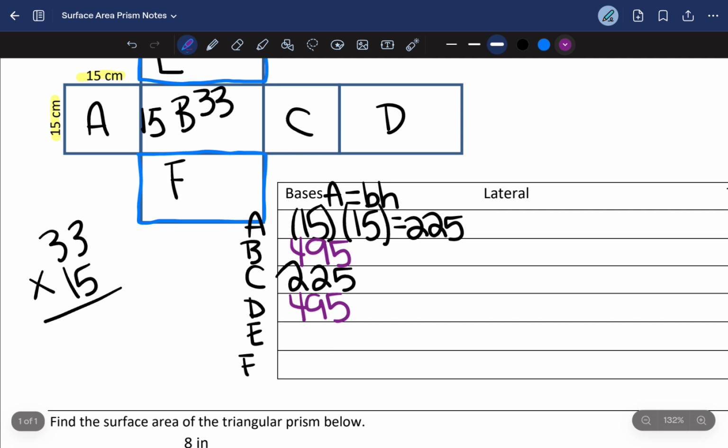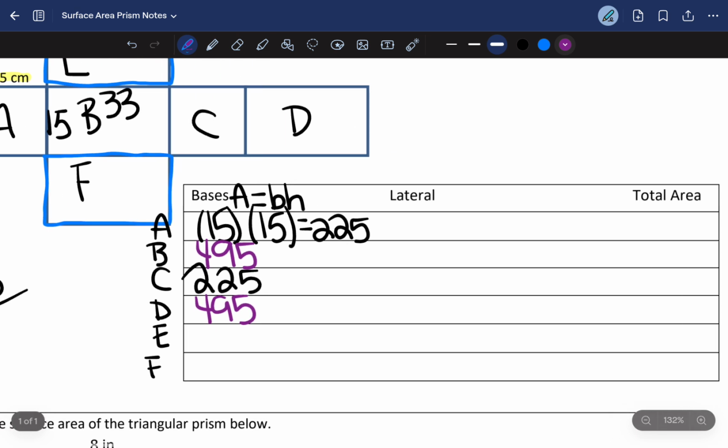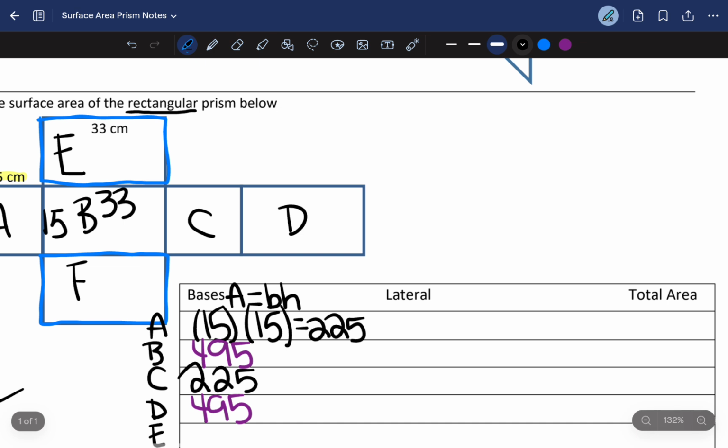Now, I'm going to pause right here because for lateral surface area, we have to add these numbers up, because lateral surface area does not include the bases. So I would do 225, and I'm just going to use the empty space over here. So we could do 225 times 2, or you can add.